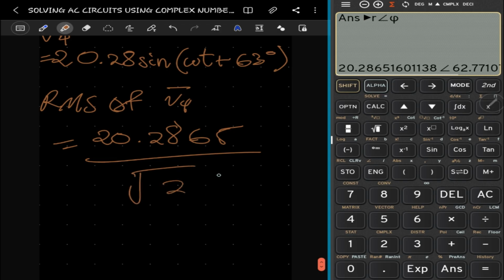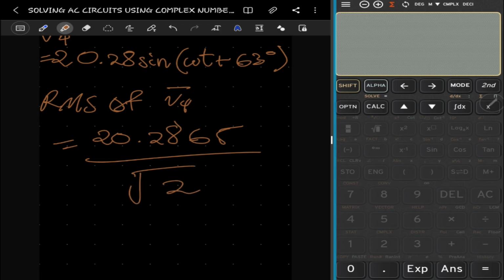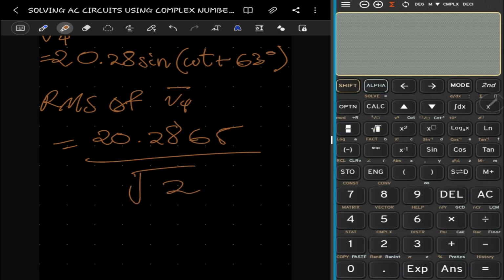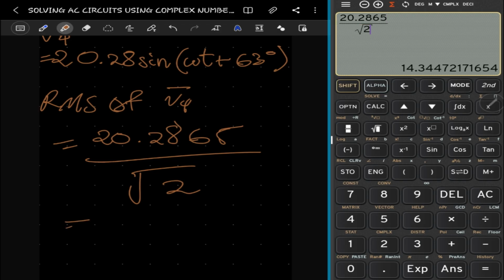That's quite simple. So 20.2865 on root 2, and that gives us the RMS value to be 14.3447 volts, 4 dp. Alright, so that's it.